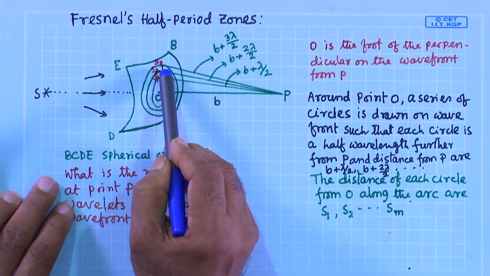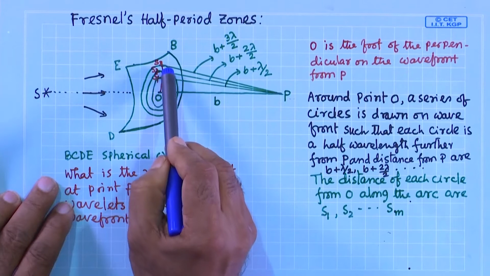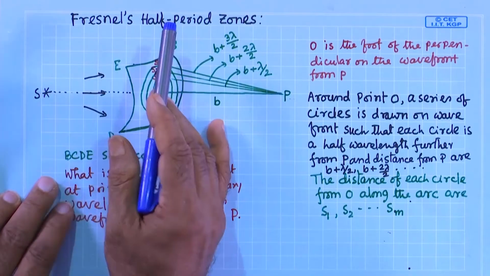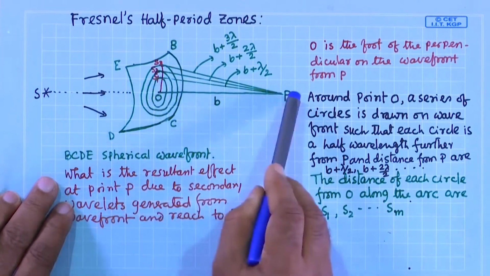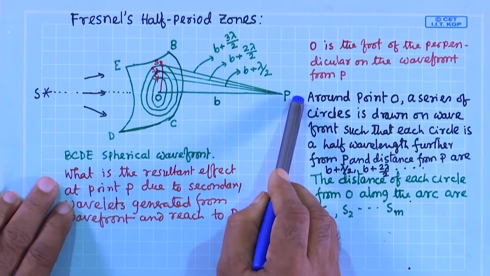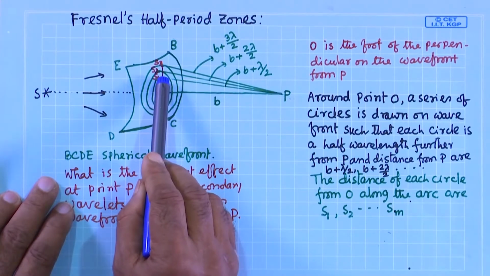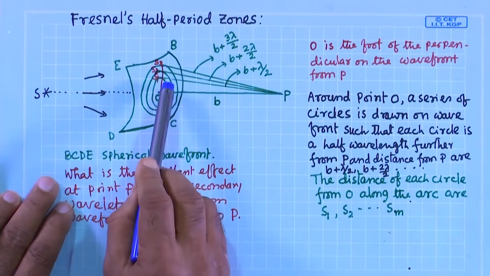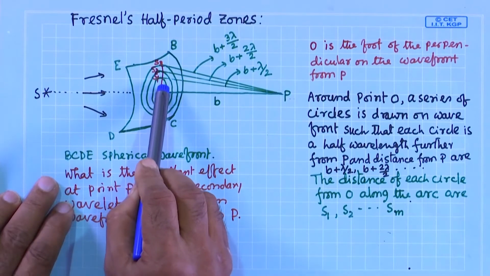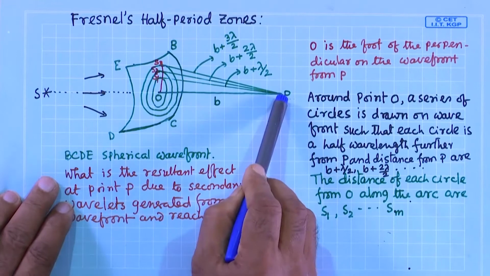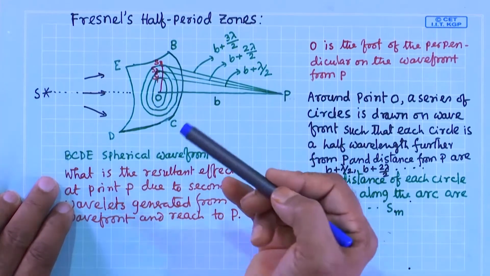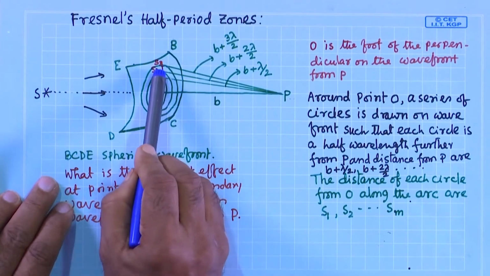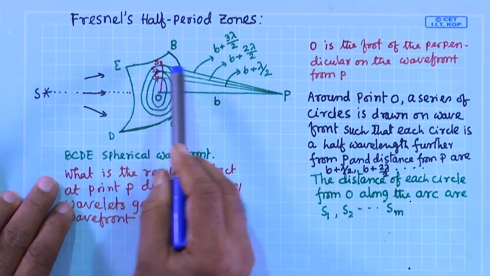These are called half period zones because light comes from these zones to P, and their path length difference from one to the next is lambda by 2, all the time.